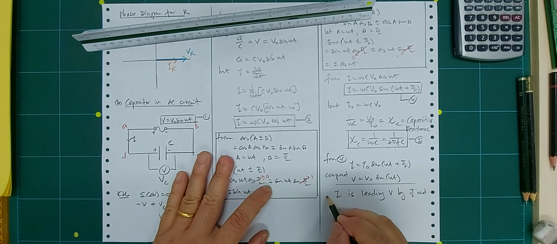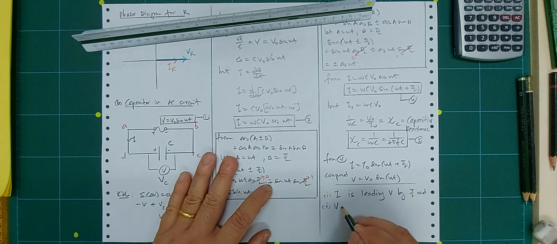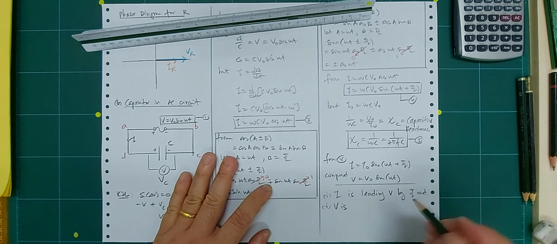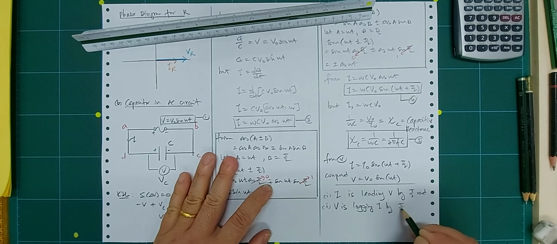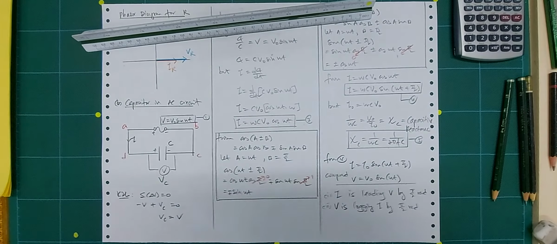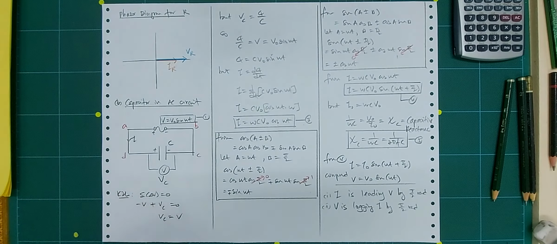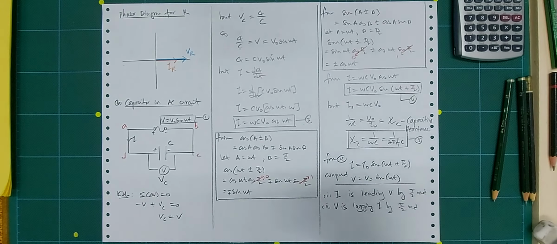Or if you like the negative way of saying it, V is behind I, or lagging I by pi over 2 radian. It means the same thing. So when you have a capacitor in an AC circuit, your current increases faster than your voltage. That is a funny thing about capacitors.